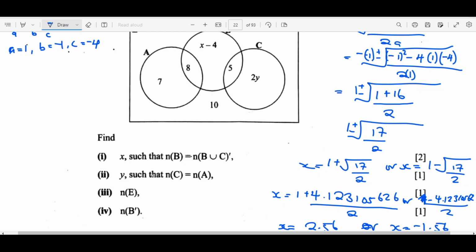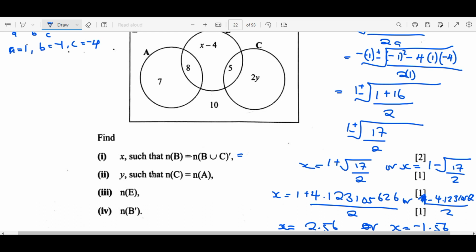Now, how do we find the value of x? We're going to interpret what we've been given, B union C complement.